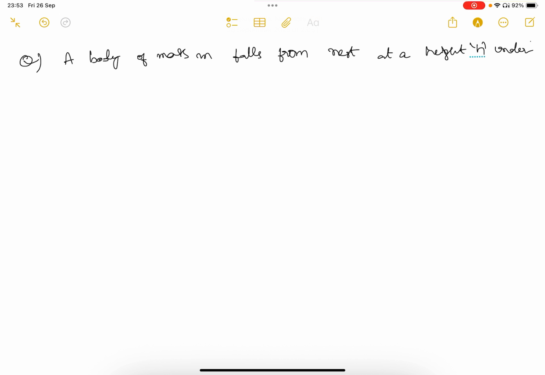Hello, let's solve this question. A body of mass m falls from rest at a height h under acceleration due to gravity, right?